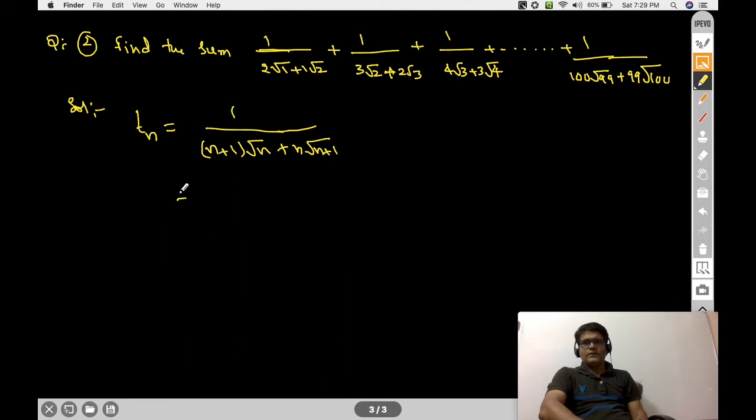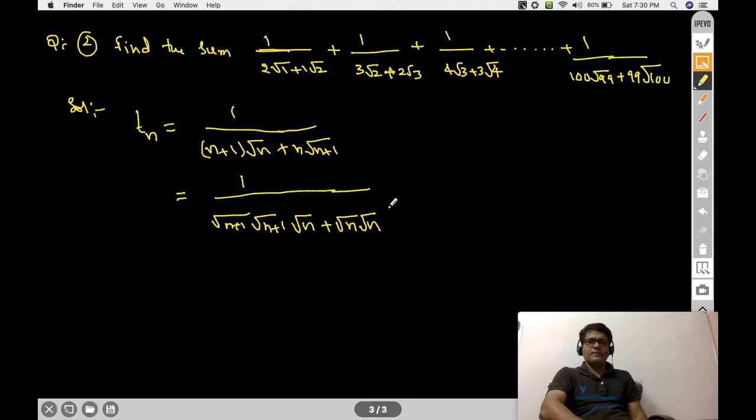For that, what I do is 1 by, I will write this n plus 1 as root n plus 1 into root n plus 1, and already root n is there, root n as it is. Again I will write this n as root n into root n plus 1.